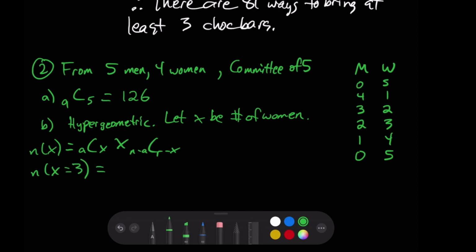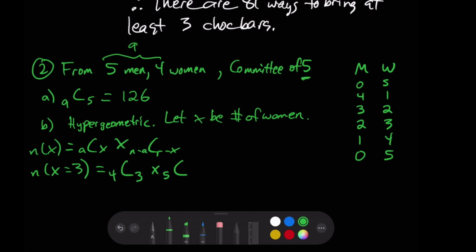So let's take a look. A is our number of successful items in the population. There are 4 women total to choose from, so 4 choose, how many women are we choosing? Exactly 3, so 3 times how many people are left to be chosen from? We had 9 in total in our population, 5 plus 4 is 9. We've already used up the women, so to speak. There's only men left, so 5 choose, how many more people need to be on our committee?